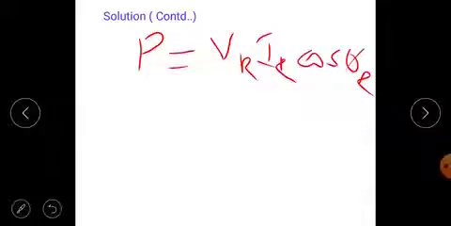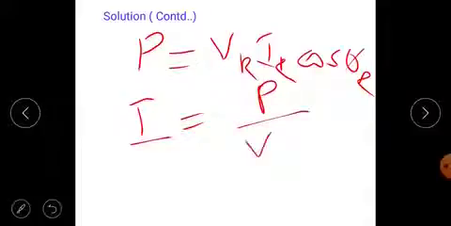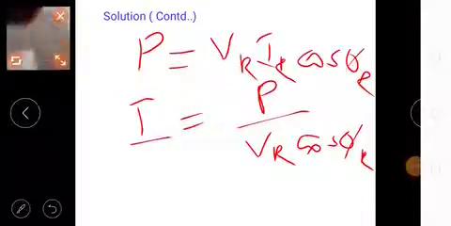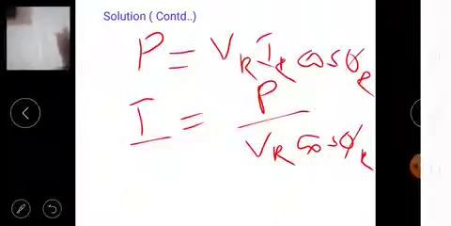Here the receiving side IR is equal to I, because the receiving side current is the line current I. So I is equal to P by VR into cos phi r.